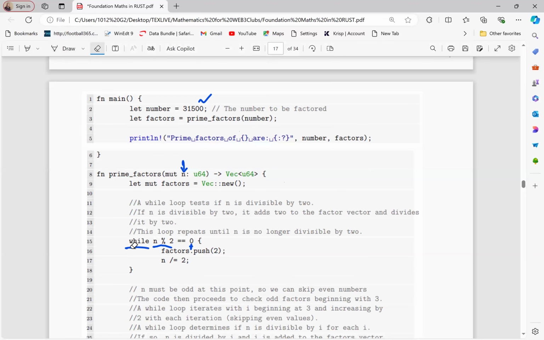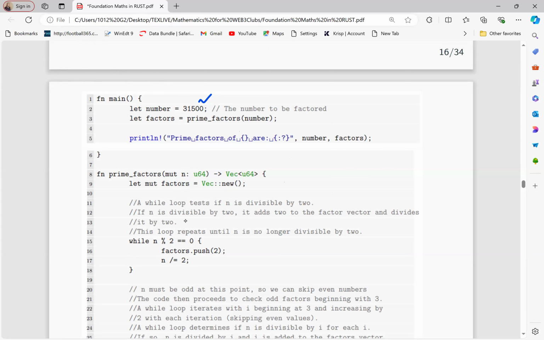That is a condition that you check first of all. Once you input this number, the code checks. That is the first thing it does. It is a condition that must be fulfilled at this point.